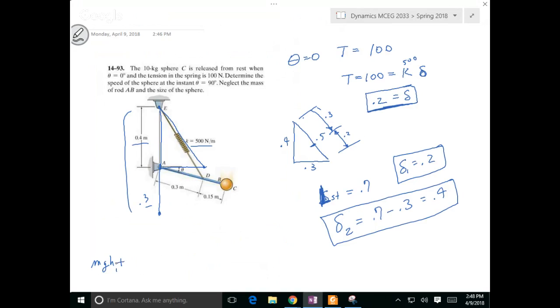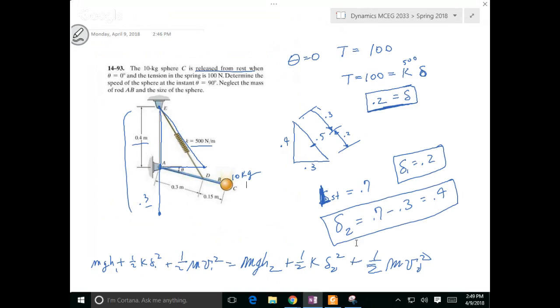mgh1 plus 1/2 k delta 1 squared plus 1/2 m v1 squared equals mgh2 plus 1/2 k delta 2 squared plus 1/2 m v2 squared. Did he say it started from rest? Released from rest. Oh, it's a 10 kilogram.